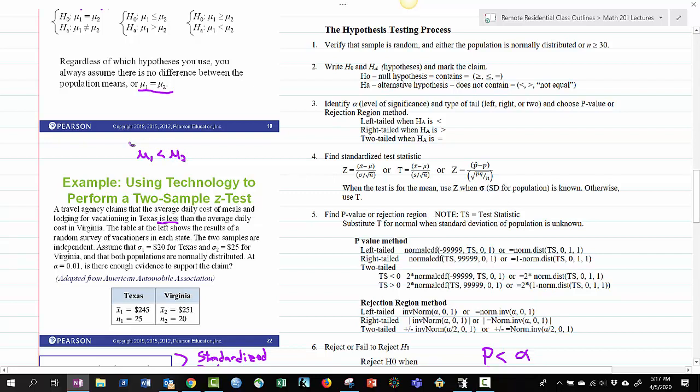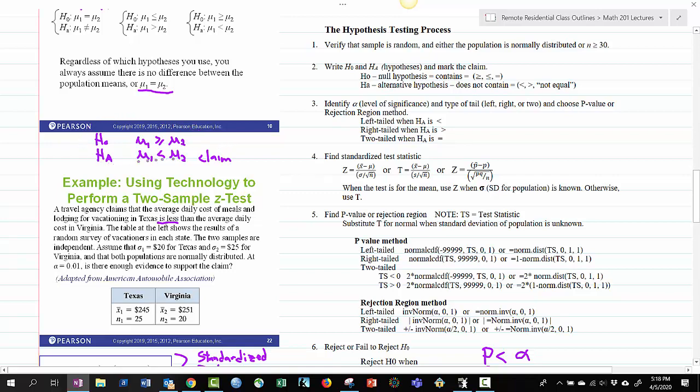It doesn't say less than or equal to, it says less than, so that's going to be the alternative, and that's the claim. And then the null will be the complement, so that'll be population mean one greater than or equal to population mean two.